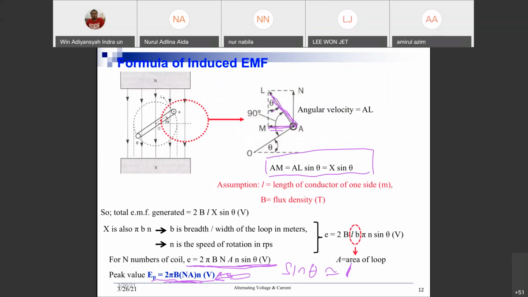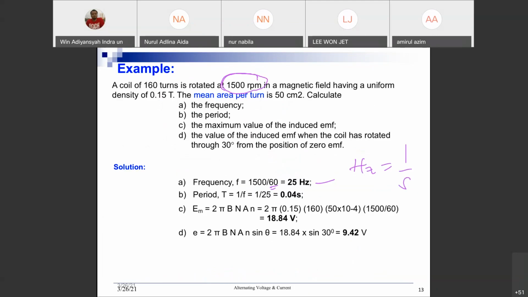Maximum value of induced EMF, you use this one. 2 pi, pi is 3.14, B is uniform density, N is the number of coils, A is the area, 50. Don't forget the unit.